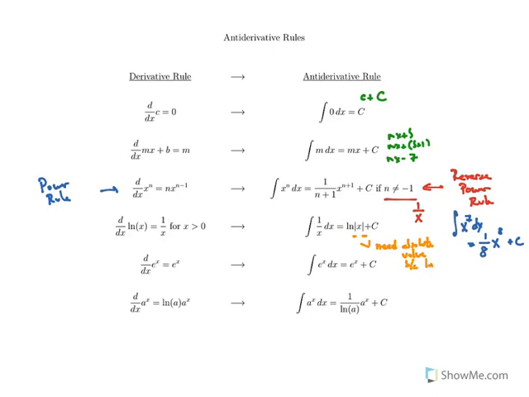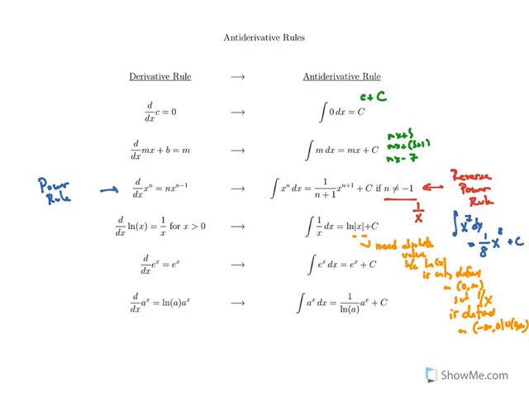Because natural log of x is only defined on 0 to infinity, but 1 over x is defined on all numbers but 0. So in order to make those domains match, we need to have absolute value bars around the x so that we can think about it as an antiderivative.